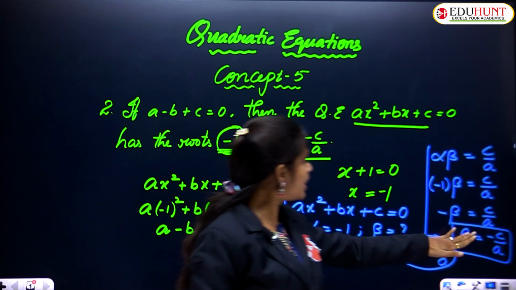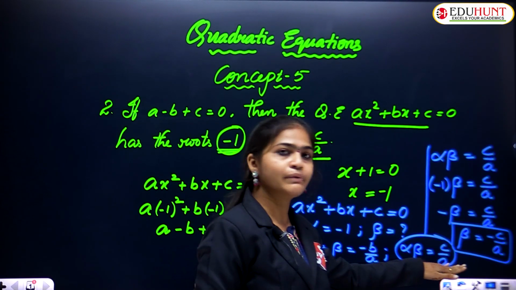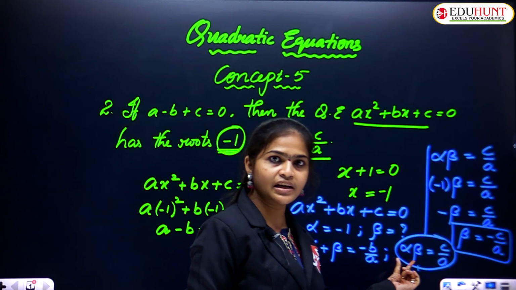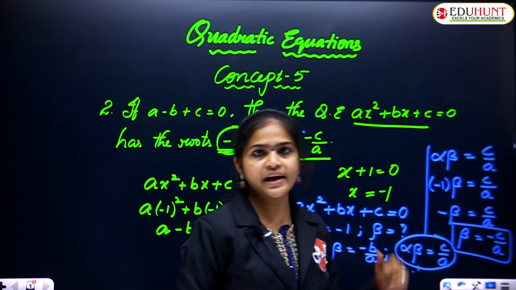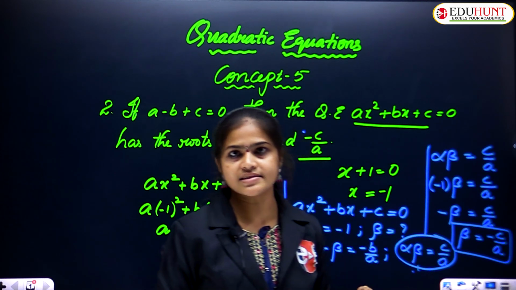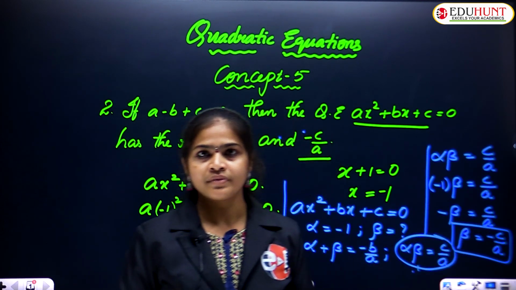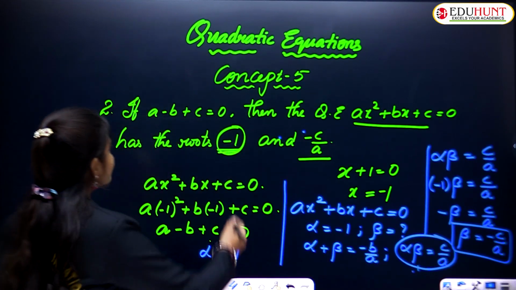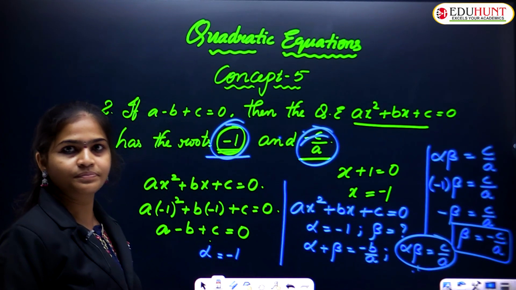If you substitute that in the product of the roots, alpha beta is equal to c by a, we get minus beta. We need to find the positive beta value, so that is why we transpose the minus to the RHS side. Then we get beta is equal to minus c by a. Am I clear? So that is why the roots are minus 1 and minus c by a. Clear? Yes.